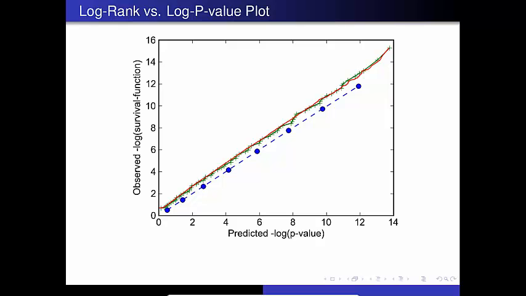In fact, the whole data set is deviating significantly from the diagonal. There's definitely something going on here that's not fitting our null hypothesis H0. Okay? Any questions about this graphical approach to assessing multiple p-values?